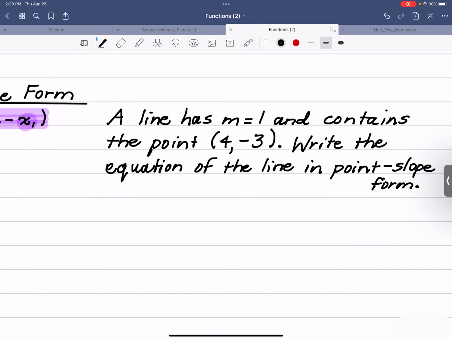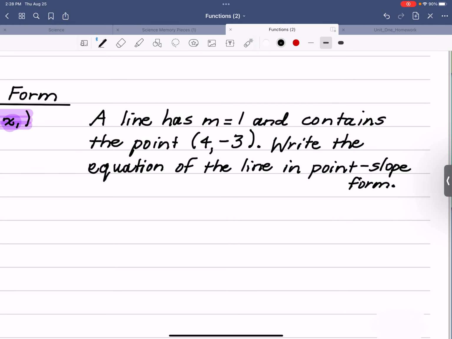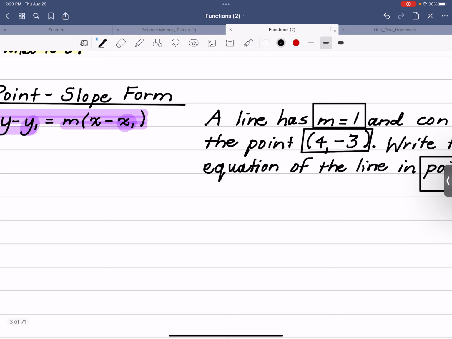So let's look at what we do know. We know what we need to do this. You can do this. You know slope. You know a point, so you know an X and a Y. And you know the pattern they're looking for. You've got it right here. We know that slope is 1. We know that X is 4.